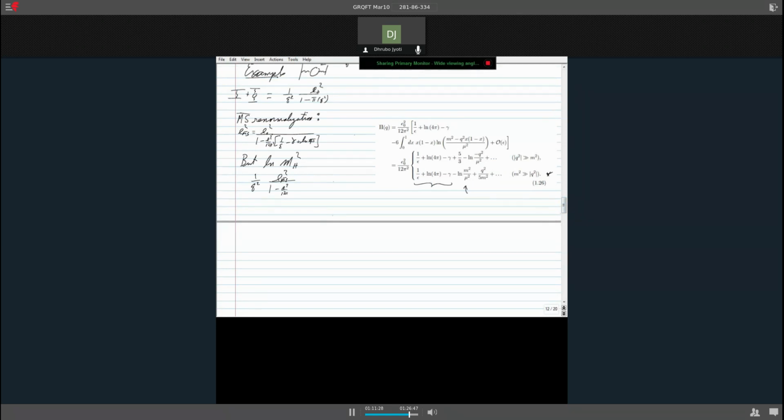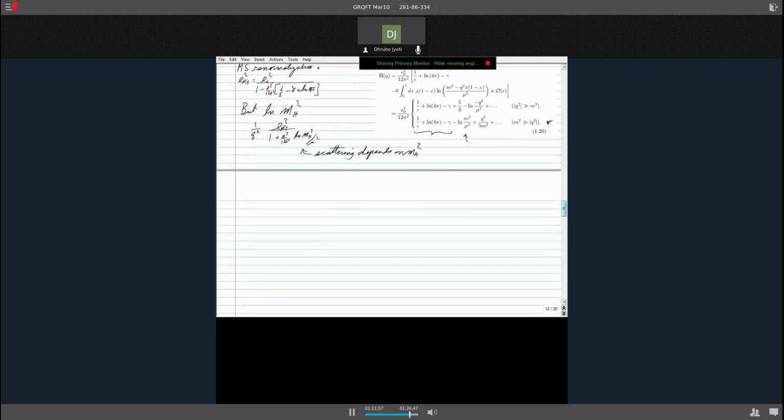And you know that if I do MS-bar renormalization, I'm supposed to absorb the 1 over epsilon and the 4 pi's and the gamma into the renormalized electric charge.